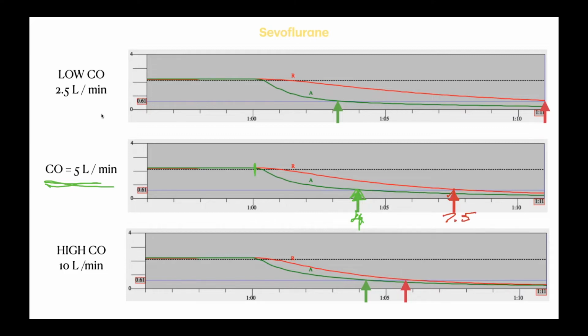Now, look at someone with a low cardiac output. With a low cardiac output, their alveolar partial pressure reaches the MAC awake at approximately 3 minutes. But look at their vessel rich group, which is where their brain is, right? That reaches the threshold at 11 minutes.